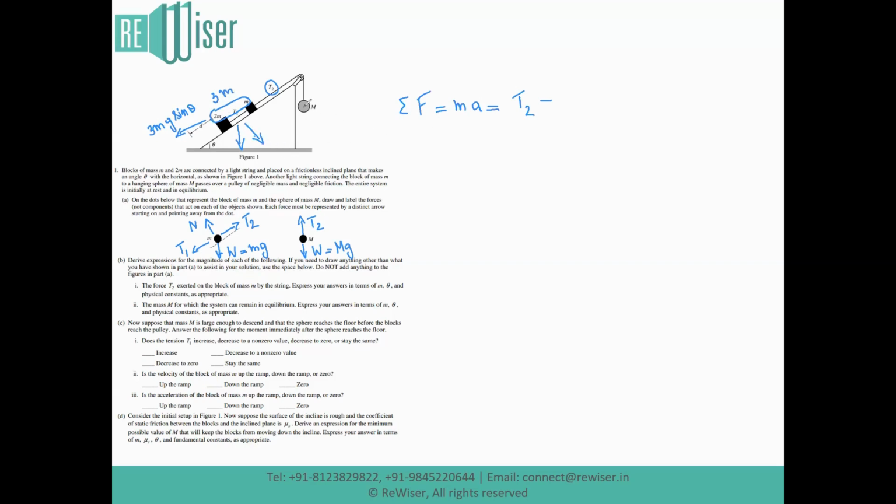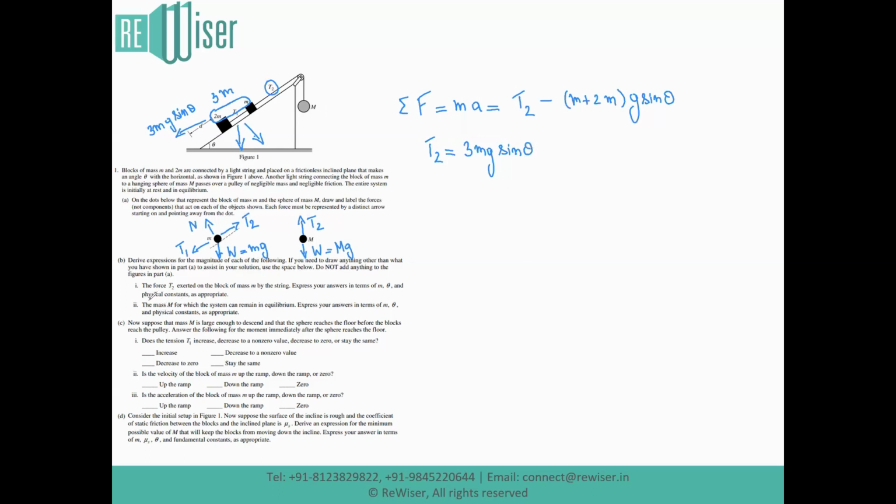Since we are writing the equation for tension, we only consider the component down the slope. So we write T2 minus m plus 2m times g times sine of theta. When simplified further, we get T2 is equal to 3 times m times g times sine of the angle theta.